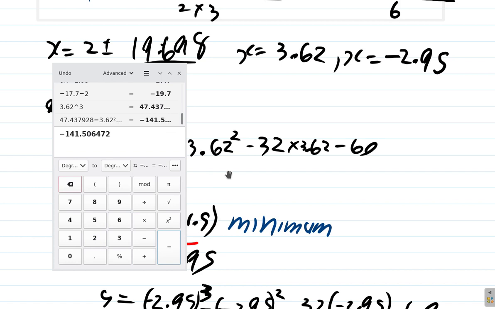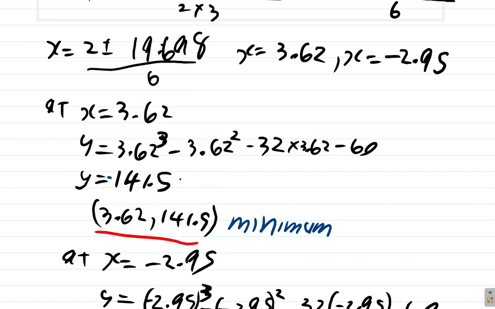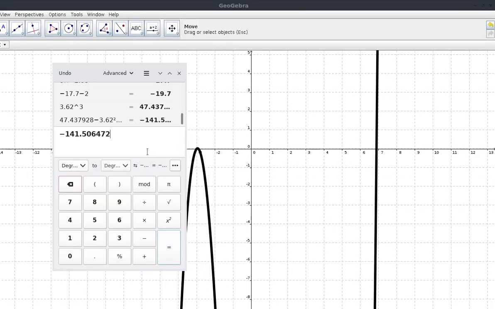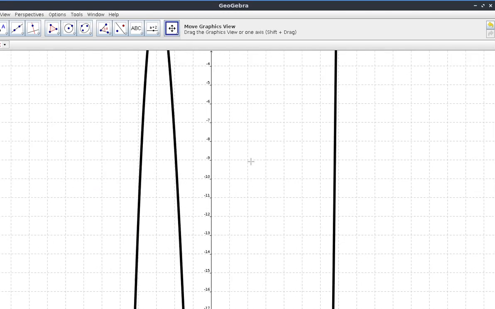It's definitely negative. It's negative 141.5 something. I left off the negative. So it should be a negative value. So 3.62 and negative 141.5 minimum. 3.62, negative 141.5, minimum point.